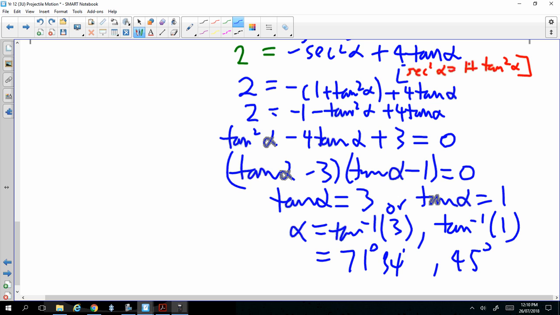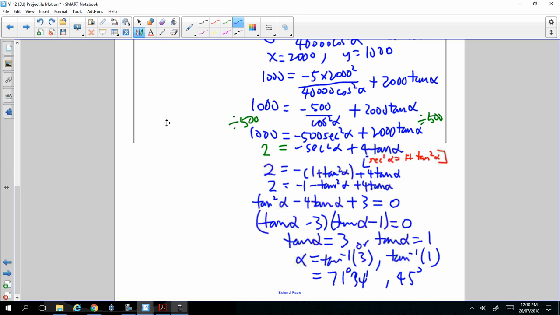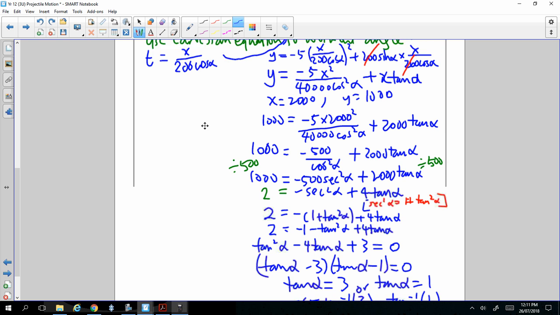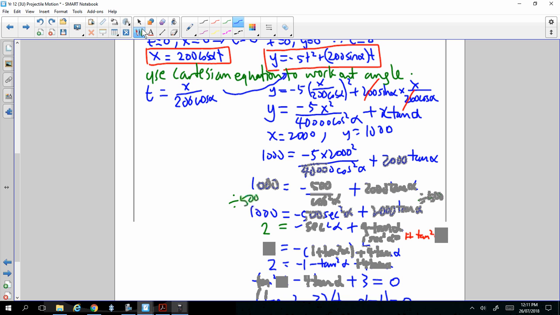I think that's all you have to do for this question. Maybe I could move things across. Let me try to move things. Maybe I can move this bit.